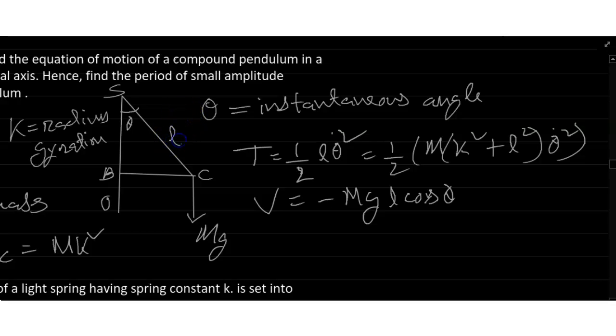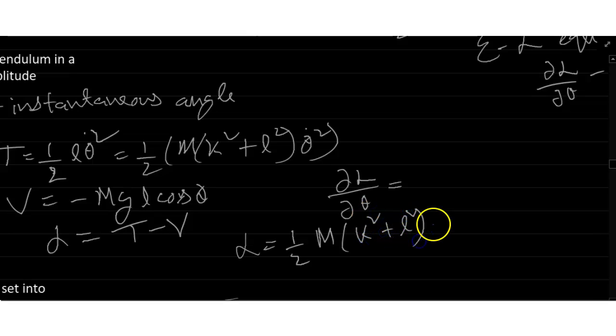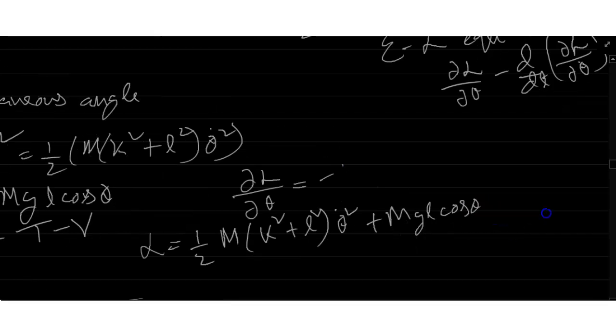This effective length is L, and the Lagrangian L equals T minus V. At first I have to write the value of L. L is equal to half M (K square plus L square) theta dot square plus mgL cos theta.